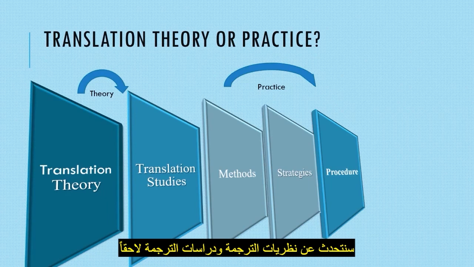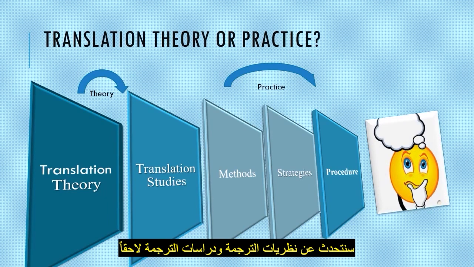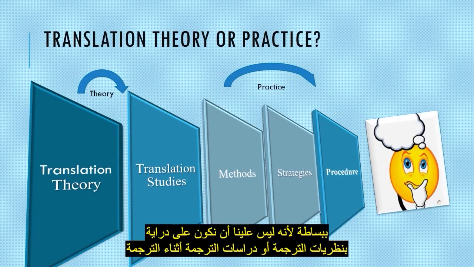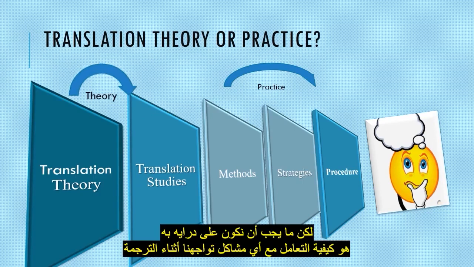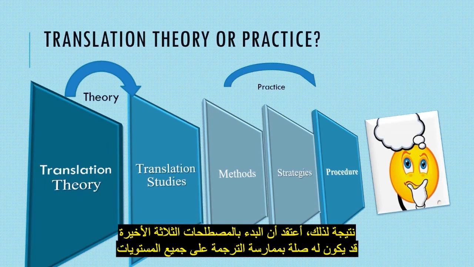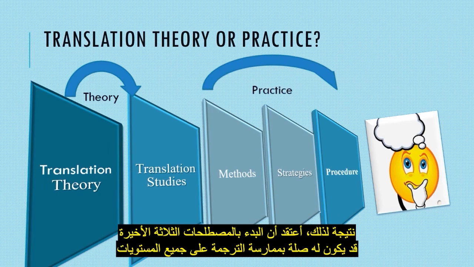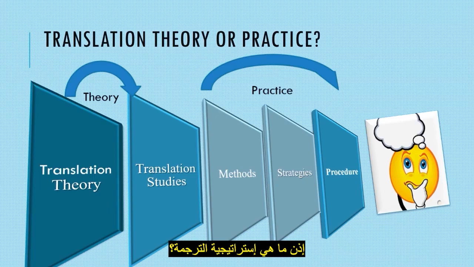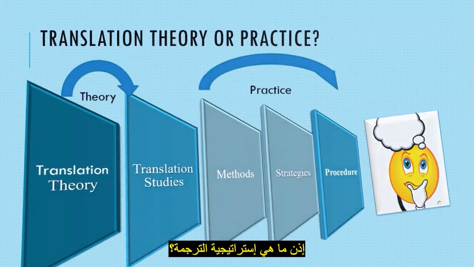We'll talk about the first two terms in detail later, simply because we don't have to be aware of translation theories or translation studies while translating, but what we should be aware of is how to handle any problem we come across while translating. Therefore, I think starting with the last three terms could be relevant to translation practice at all levels. So, what is a translation strategy?